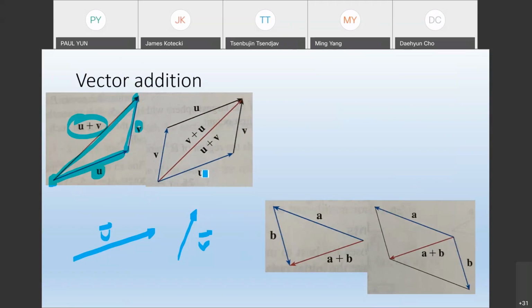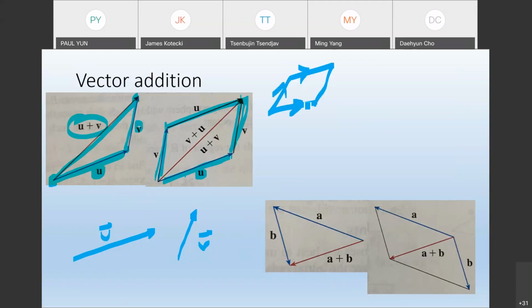Notice this. Another way: one way is a triangle. You could draw v here, it doesn't matter. They're the same direction, parallel, and the same in length.